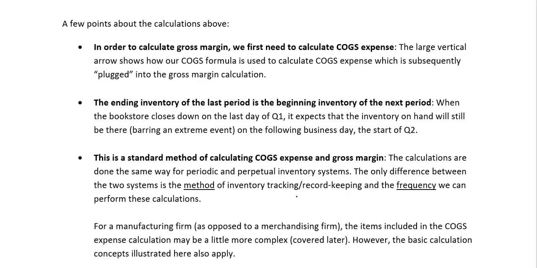For manufacturing firm, as opposed to a merchandising firm, the items included in the COGS expense calculation may be a little more complex, as covered later. However, the basic calculation concepts illustrated here will also apply.